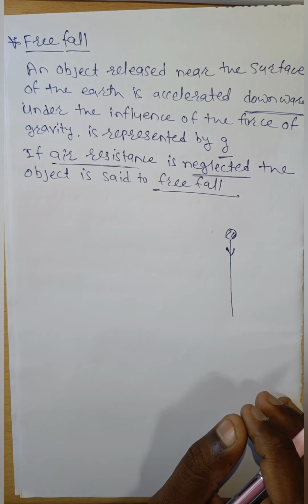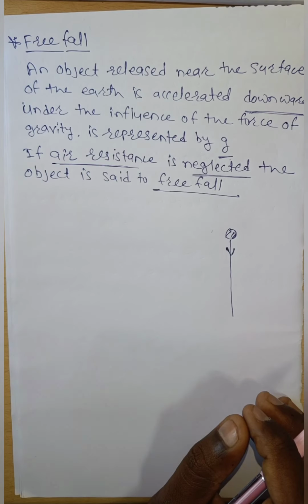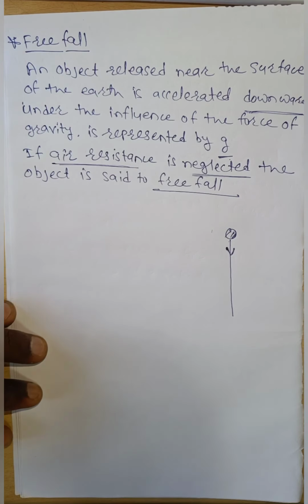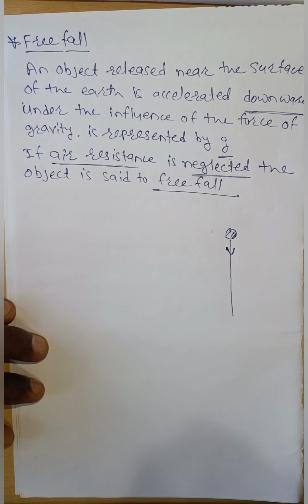Then we have to find the equations of motion for free fall. We have to discuss the equation of motion of a freely falling body. Freely falling body means when we release a body, the body is accelerated, moving in a downward direction.